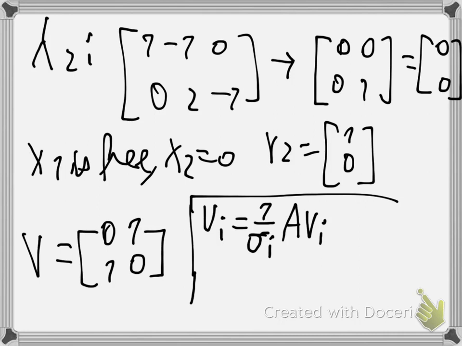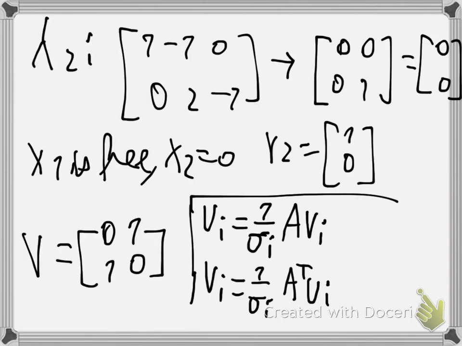Similarly, if we knew the vectors of U but not the vectors of V, the formula would be that the ith vector of V is equal to 1 over sigma i times A transpose, be careful, times the ith vector of U. Okay?